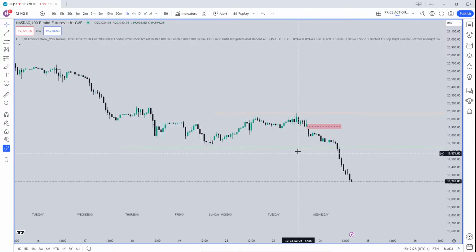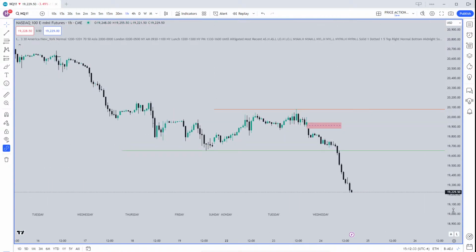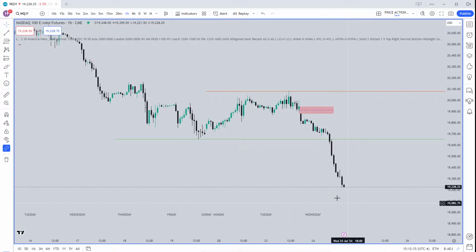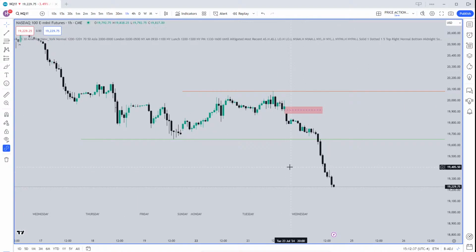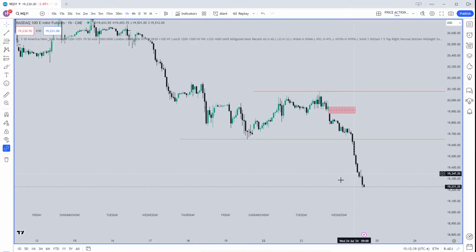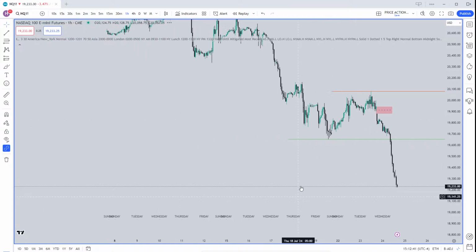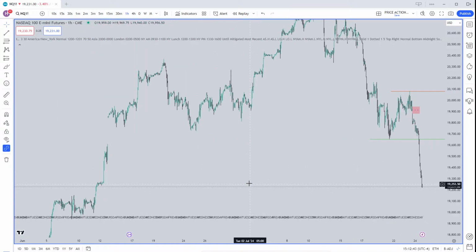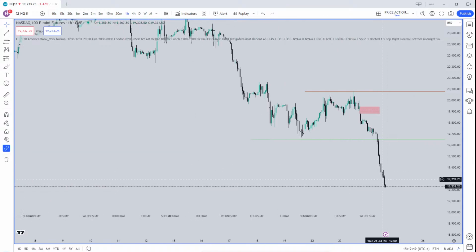Anyways, I took some trades this morning on the London session and had some success in that. Trying to see if we can get a quick scalp before the day ends. Even on the 1 hour, we're just dumping. Yeah, we're just going lower.